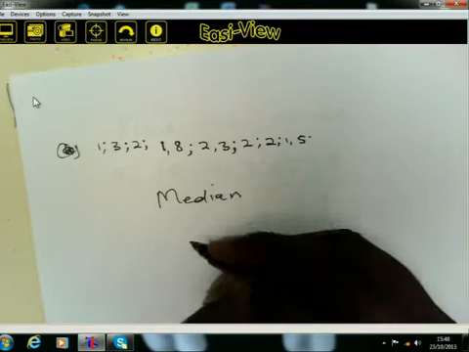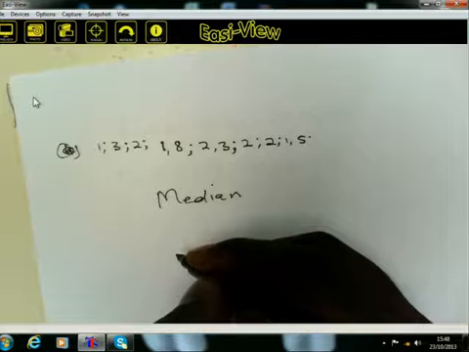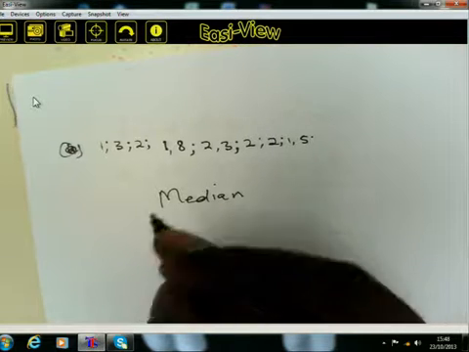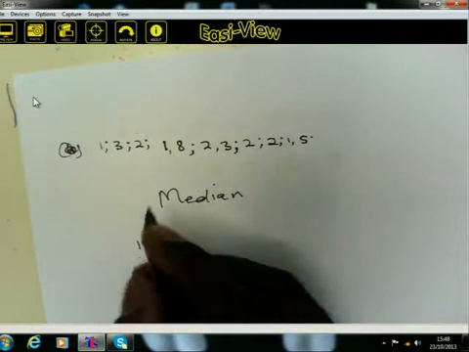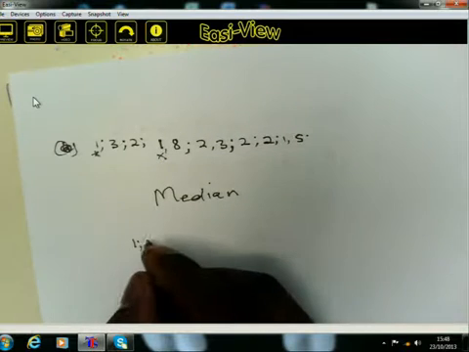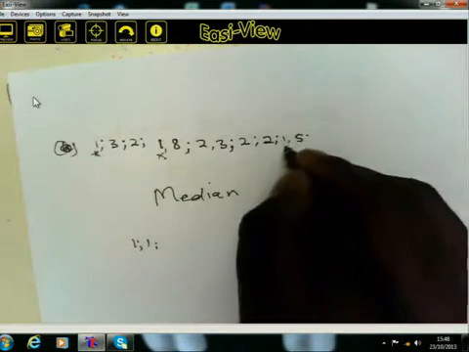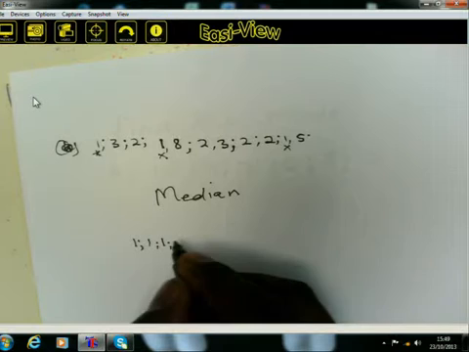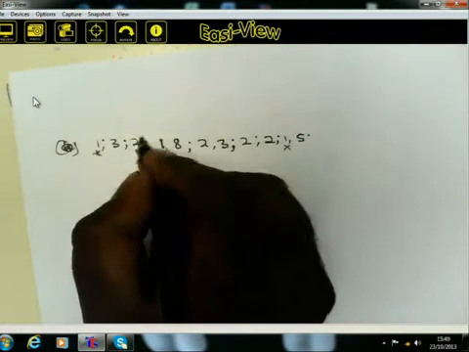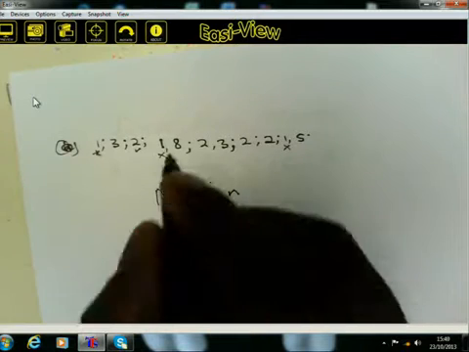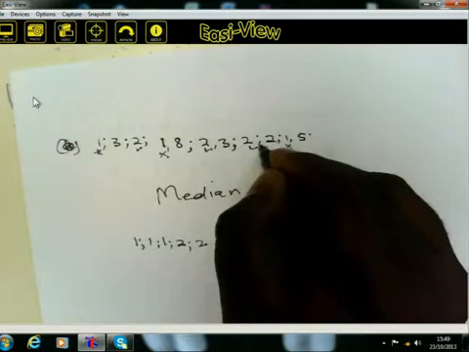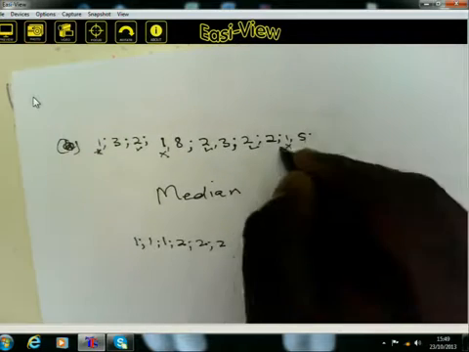Remember, what must I do first? Rearrange. That is what is important. Then, now when you rearrange, it is 1, that's this one, and this one, that's 1 and 1, and this one, and 1. And then I'm looking for 2. That's this 2, I'm writing it, and then this 2, and this 2, and this 2.